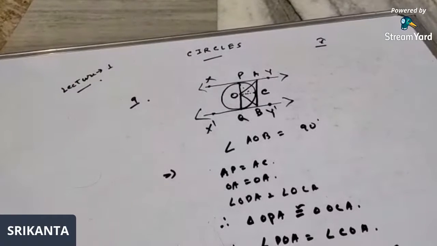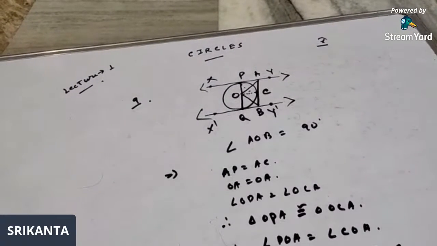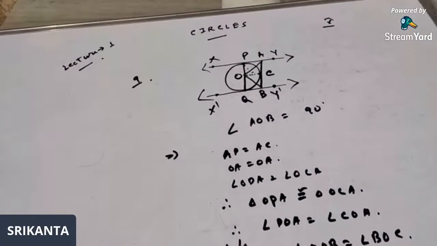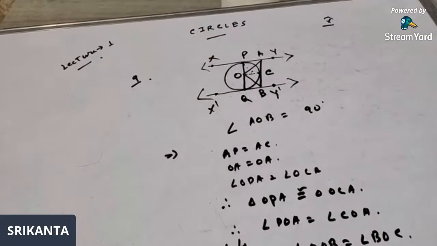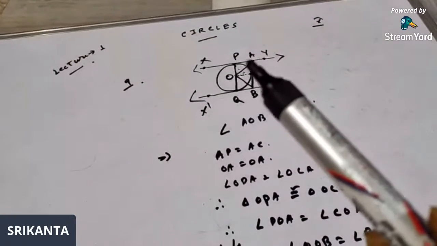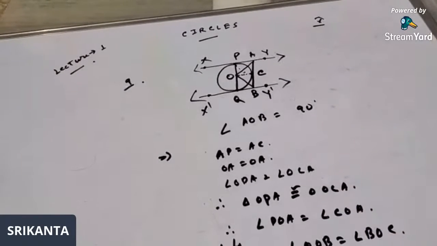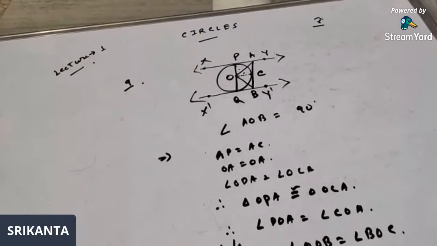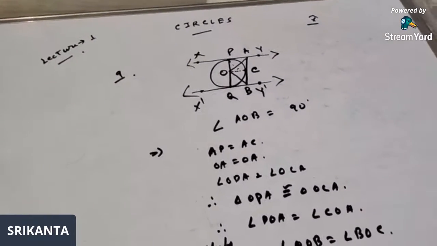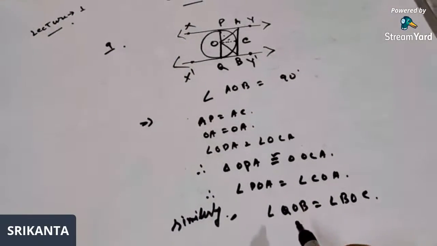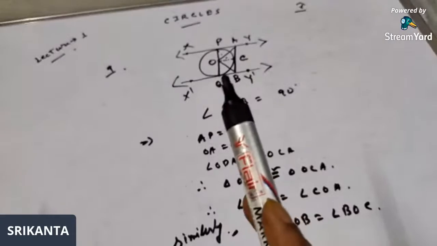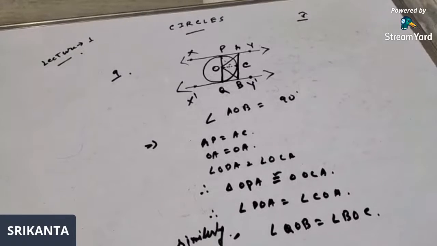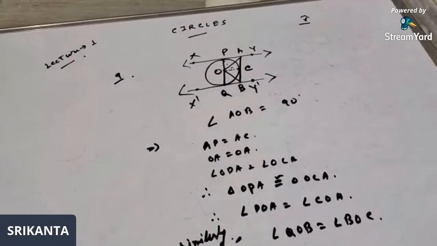By CPCT, OP is equal to OC. These two are equal. QOB, QOB. Yes, these two are equal. How can these two be equal?